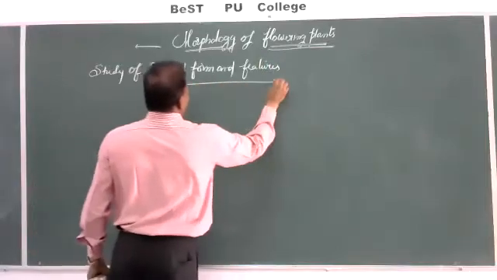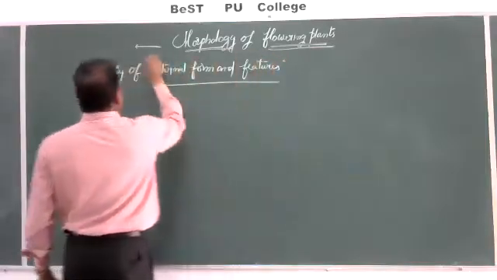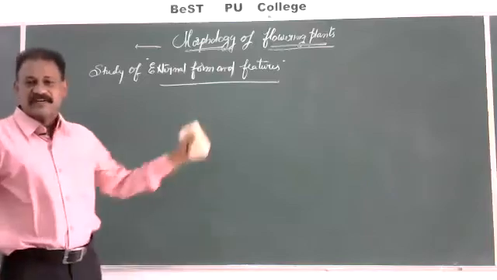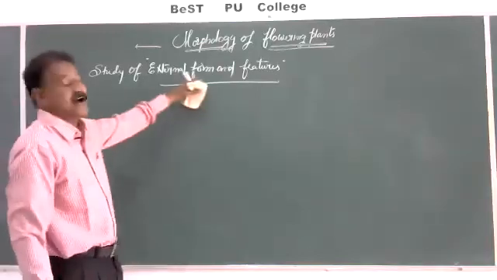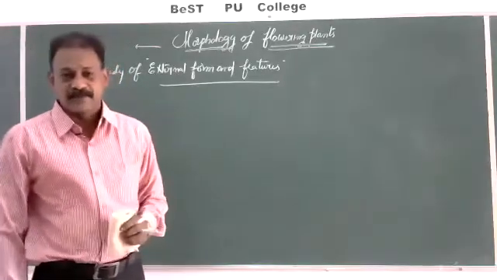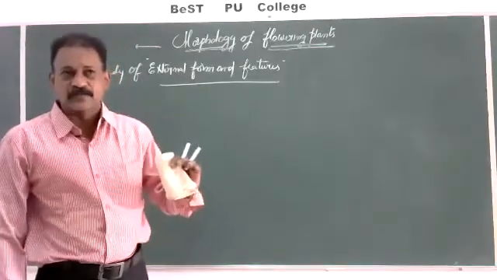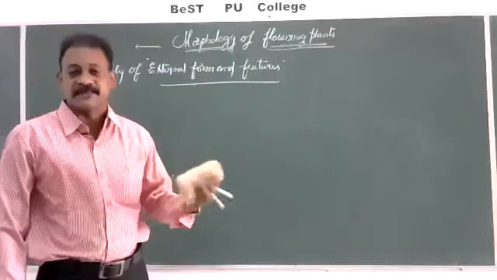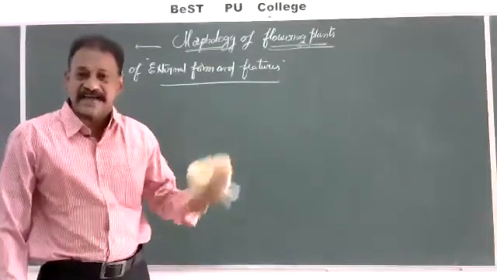So what is meant by external form? Externally how a plant looks, appears. Externally a plant looks means based upon the size, the shape, and its characters.